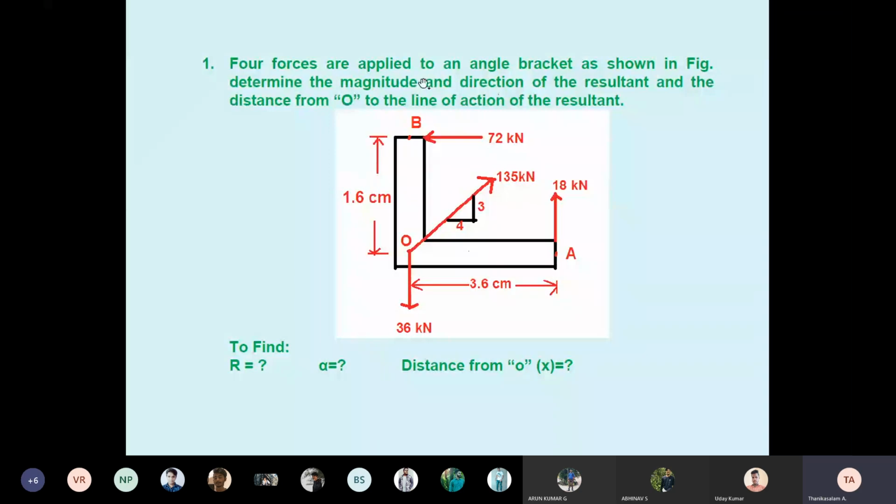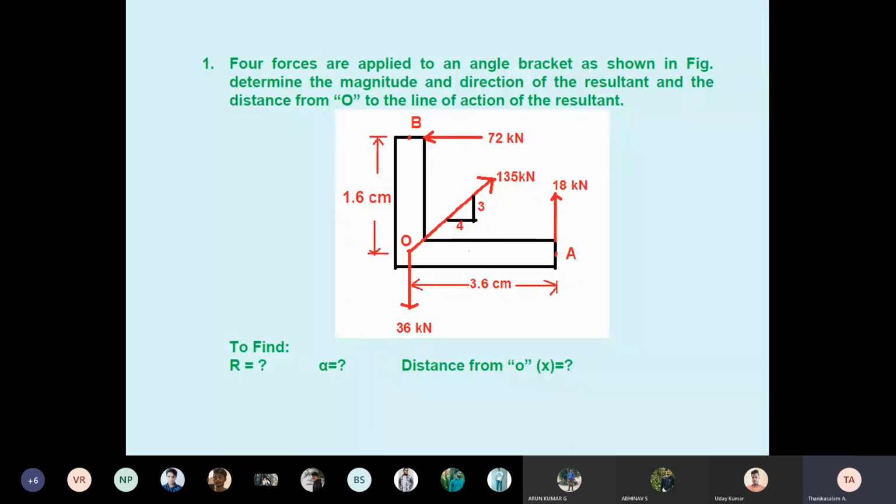Determine the magnitude and direction of the resultant: R equals question mark, alpha equals question mark. Additionally, they asked for the distance from O of the line of action of the resultant, that is, where the resultant crosses the body. So we understand this is a rigid body in 2-dimensional problem.